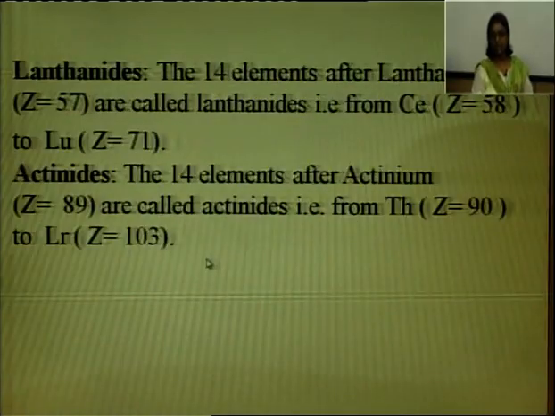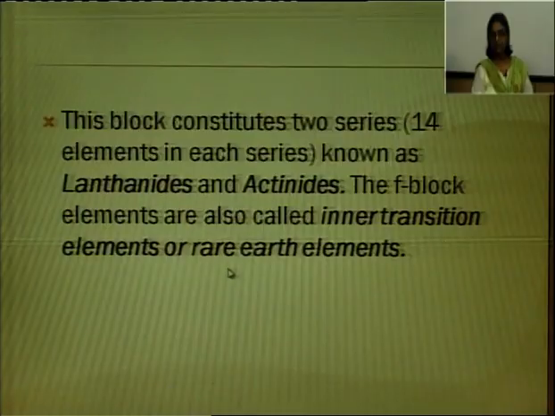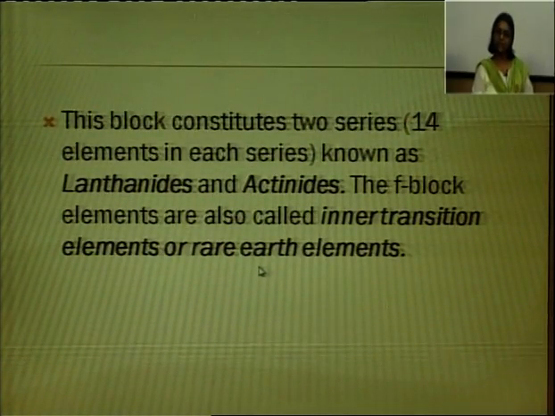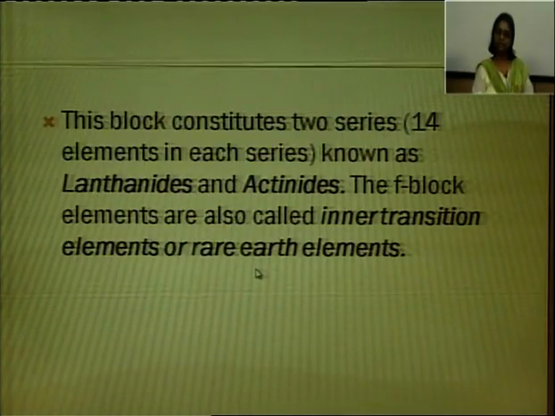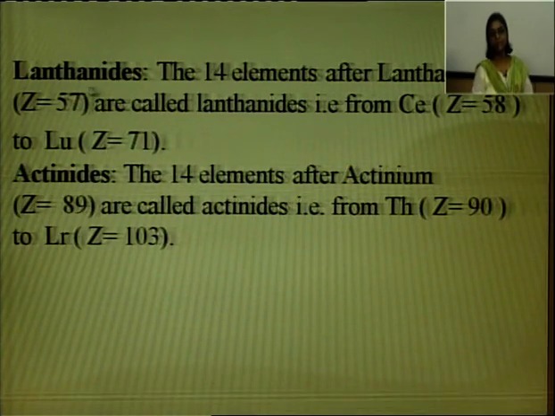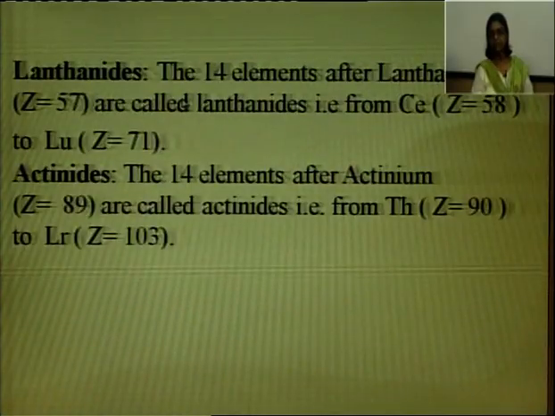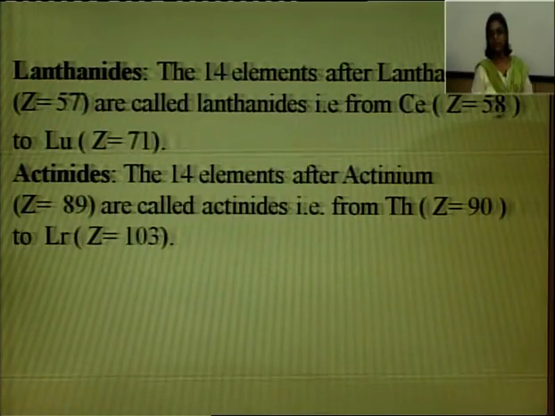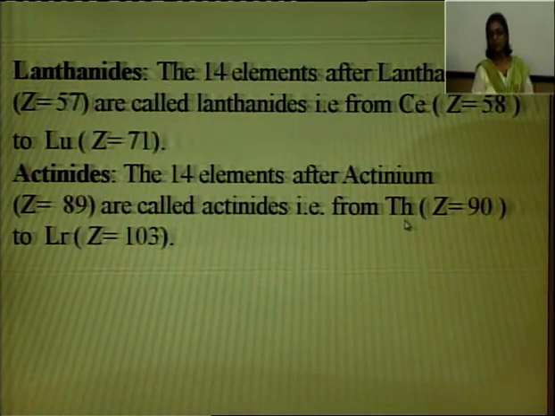Rare earth means that their percentage in the earth is very less, and these are radioactive in nature. Now, the lanthanides start from cerium with the atomic number 58 and the actinides start from thorium with the atomic number 90.